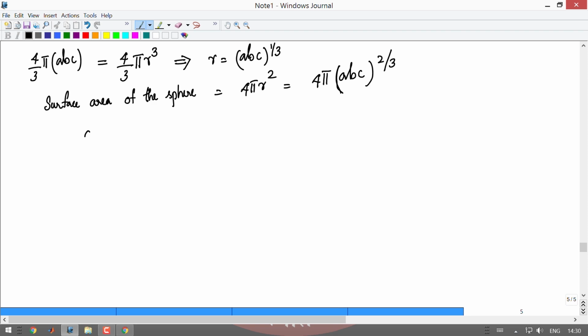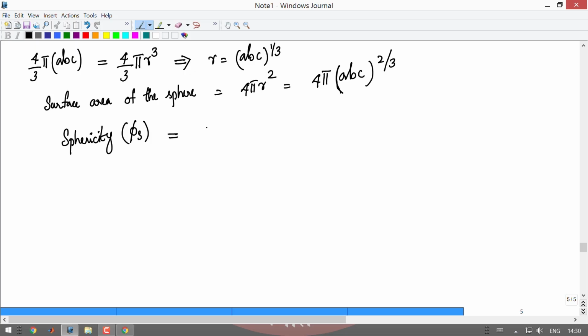So, now if we write the expression for sphericity, sphericity is usually expressed with phi s.